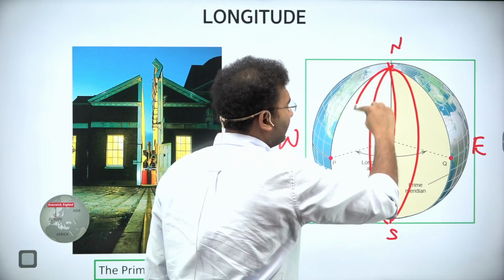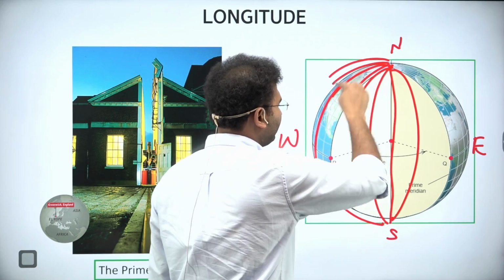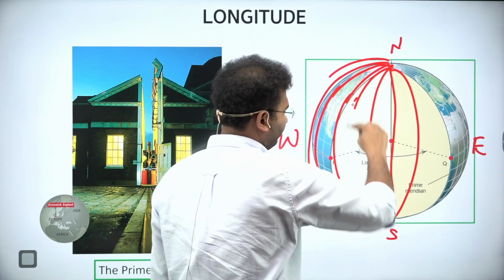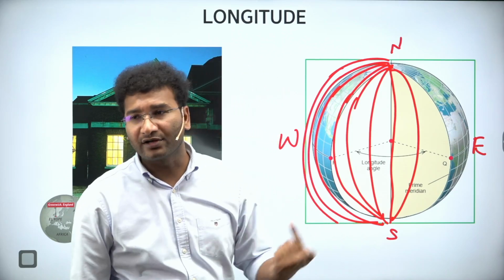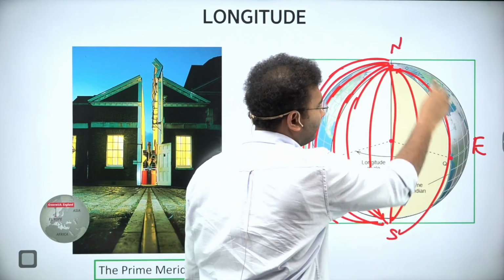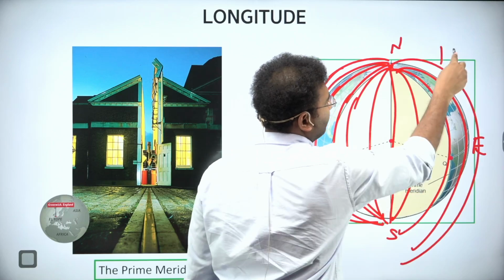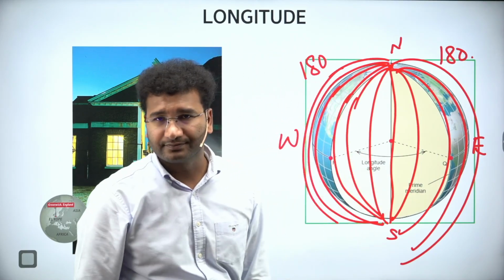Like that, different longitudes have been drawn, and these longitudes are made to come and meet the South Pole, right? So this one semicircle will be called as one longitude. Likewise, on the other side also you have 180 longitudes.